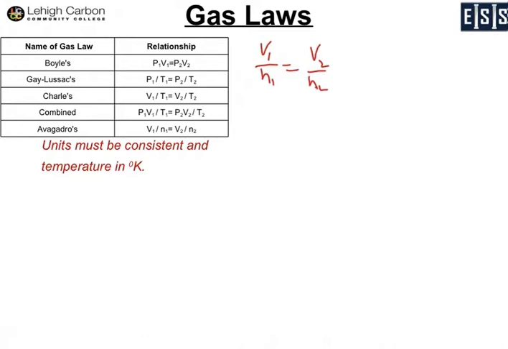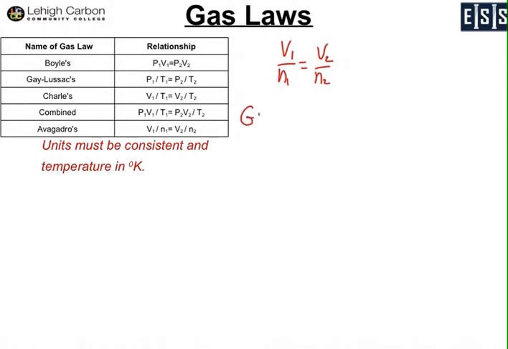Avogadro's Law, V1 over N1 equals V2 over N2. A common way to do this in a problem is this way. Say you're given that your initial volume, let's say in a balloon, is 1 liter.